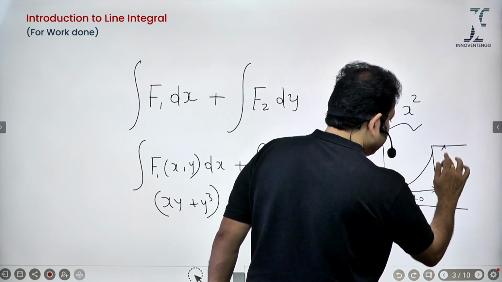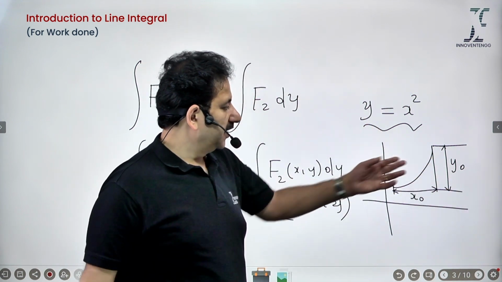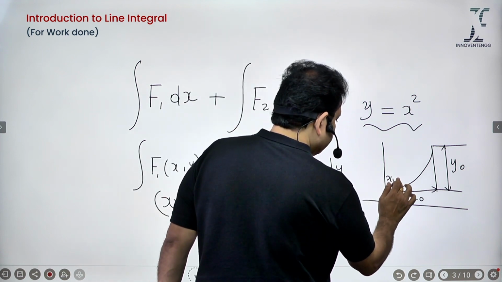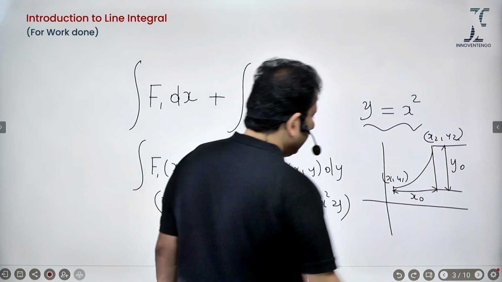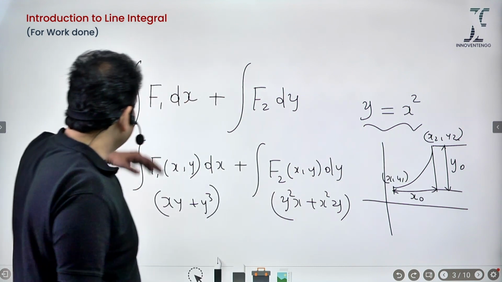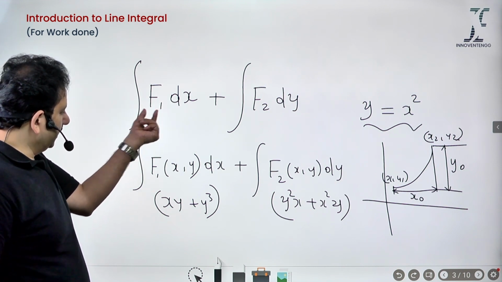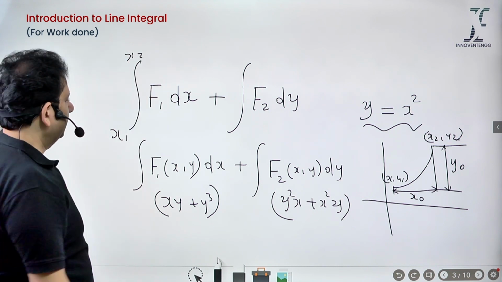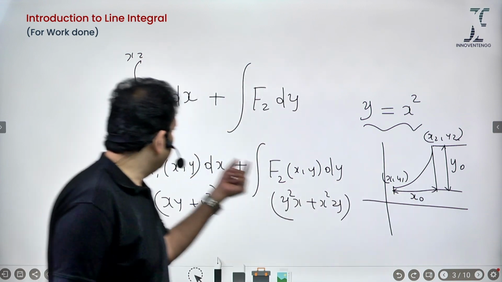And if I say that this is my y displacement, then y displacement into force will simply give me the work done, because I'm moving from x1, y1 to x2, y2, where x2 minus x1 is x naught and y2 minus y1 is y naught, which can be your integral limits here. Because if I replace F1 by a constant, and if I put my limits to be x1 to x2, what I will get on integration is the difference x2 minus x1, which is x naught, into F1.